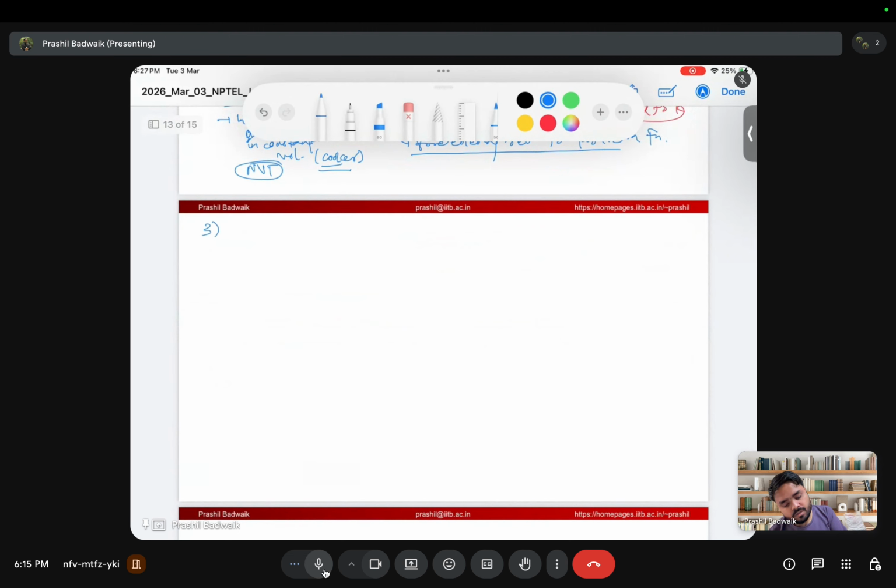Similarly, for NPT, which is the isothermal, isobaric ensemble, and then there will be the mu VT ensemble, right? For this ensemble, what was the expression?